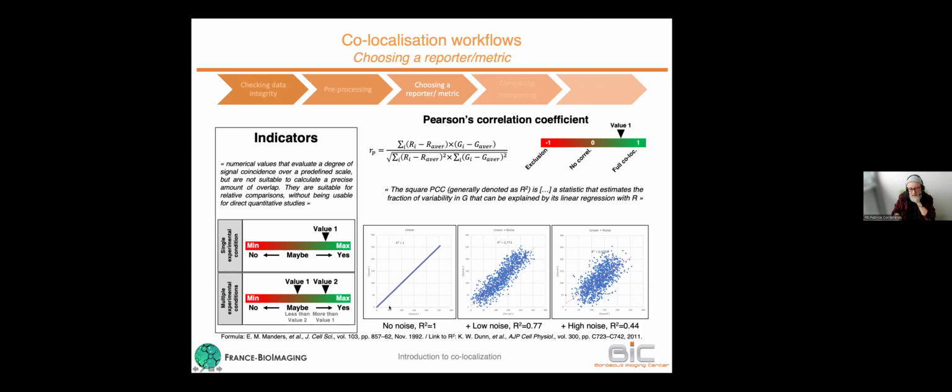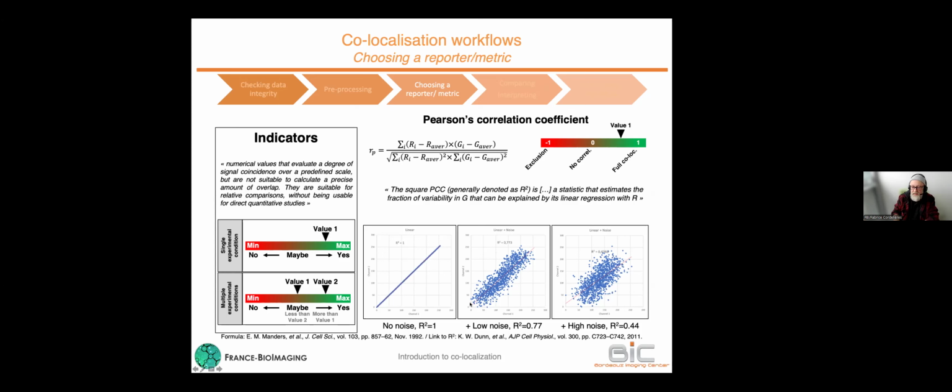And surprisingly, on this one, you see a perfect line. This is due to the fact that I've been using the same image twice. So I end up with this line in the middle of the graph.